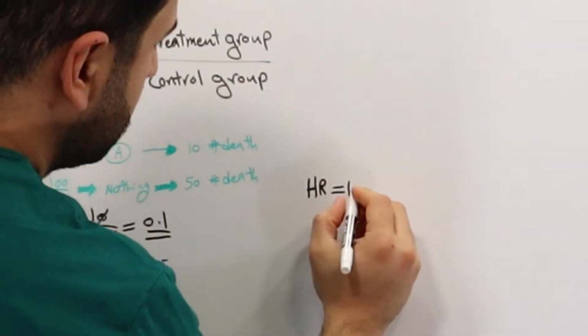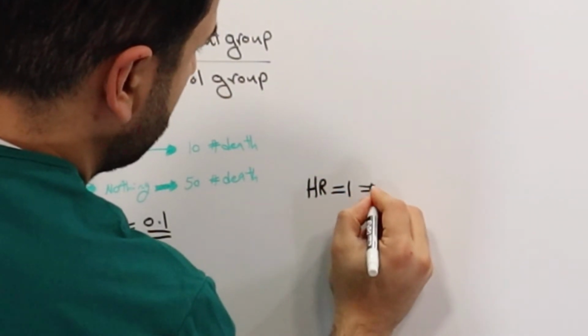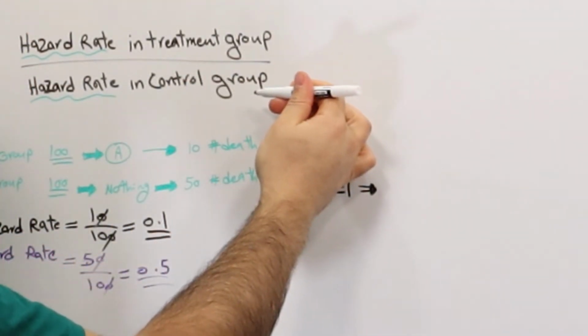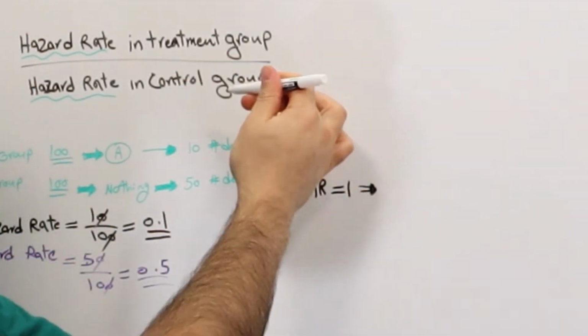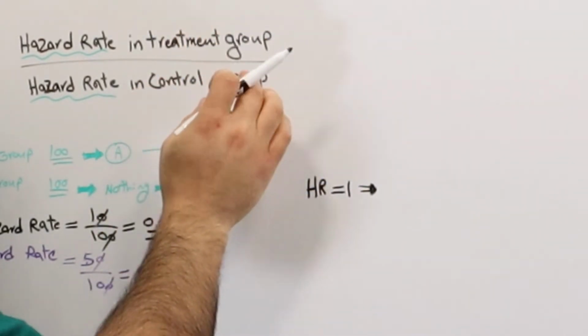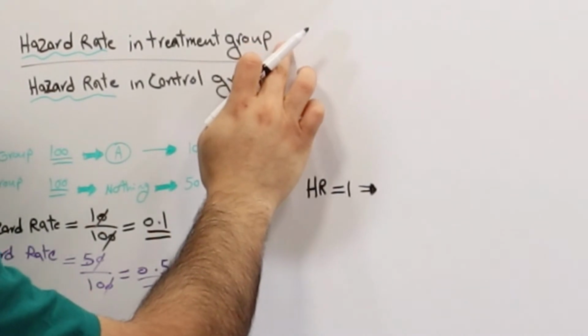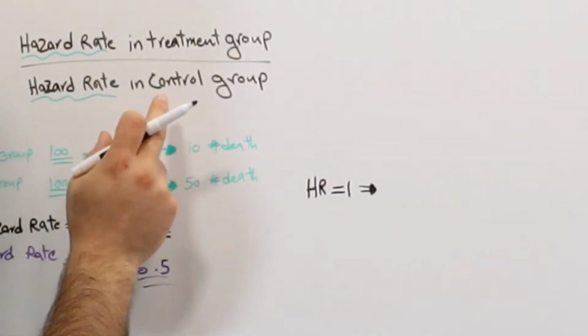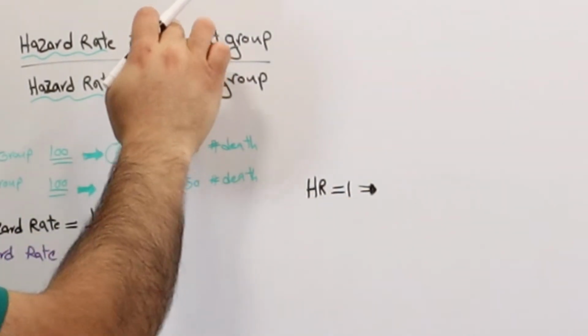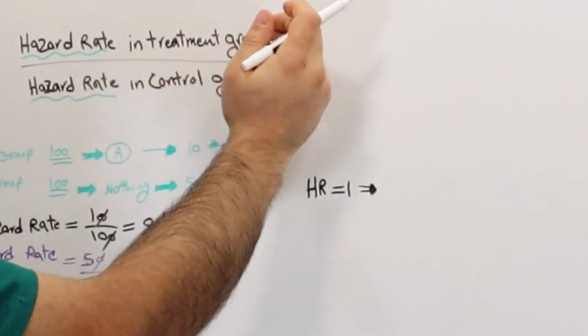What this means is that the treatment group and the control group had the same rate of the event. If the event was death, then the number of people who died in the treatment group is equal to the number of people who died in the control group. This is why we have number 1, because we're comparing this group to that, and we have the same rate.